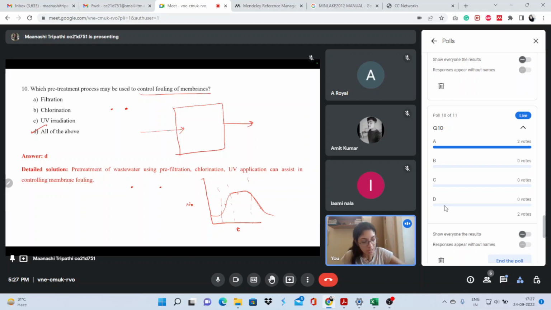They will release some particles, some EPS we call them, which means extracellular polymeric substances.